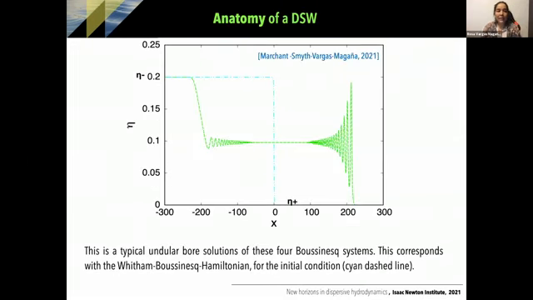So this is a typical undular bore solution of the Boussinesq system that I am presenting here. This corresponds with the Whitham-Boussinesq Hamiltonian model, and the initial condition is the blue line.